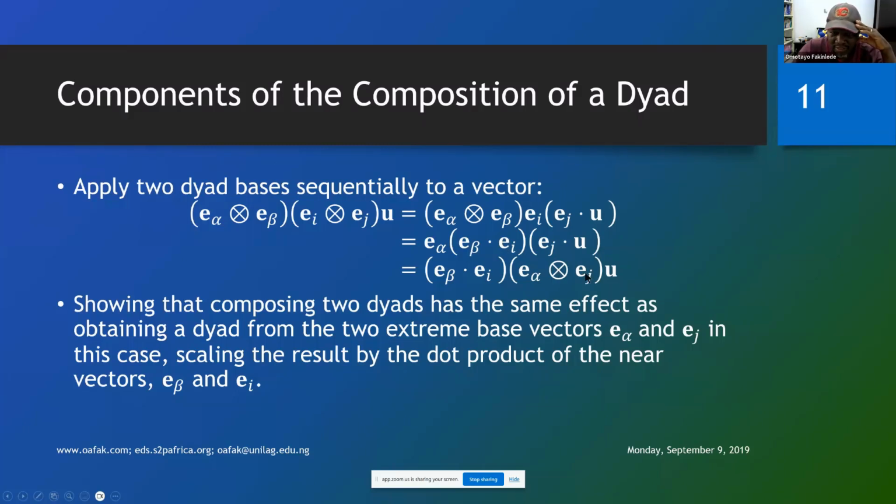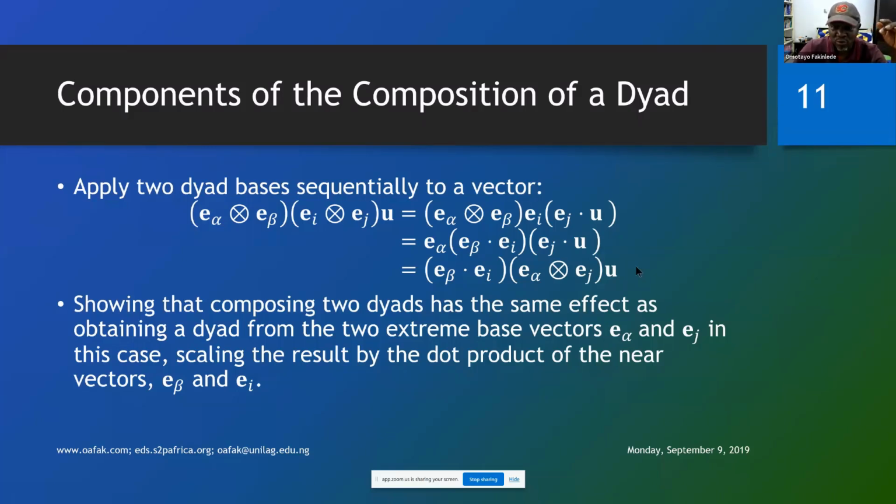It is not easy to see the second equality. So what you do is work it backwards. If you are finding it difficult to see the second equality, work backwards from the third expression to the second expression, and you will see you get exactly the same thing.